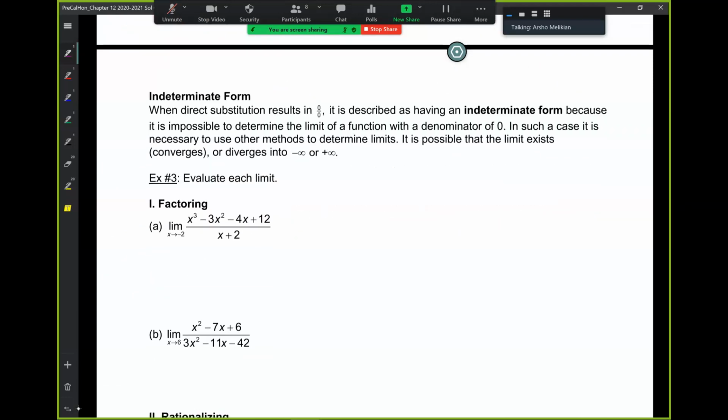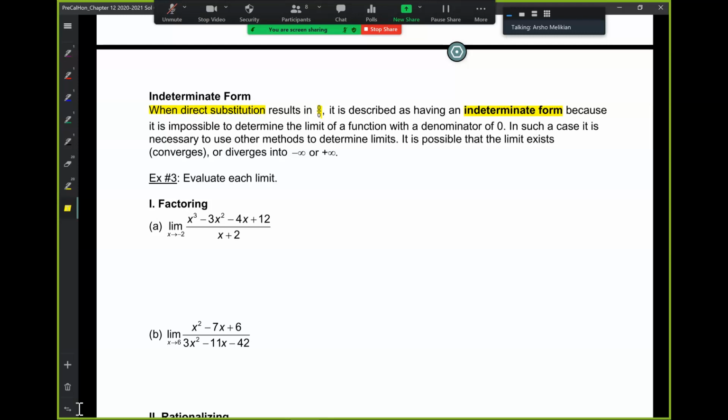Now, sometimes things are not as rosy, right? Sometimes things just don't happen to work. When you use direct substitution and you get 0 over 0, right? You have a rational function. You plug in 2, you get 0 on top, 0 in the denominator. We call that indeterminate form. Because what's 0 over 0?